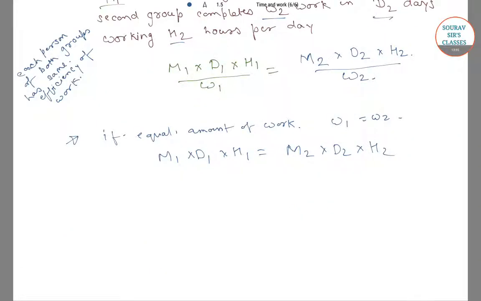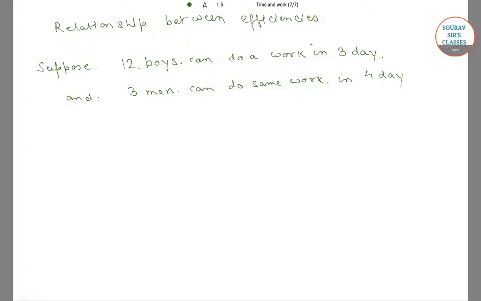Next is the relationship between efficiencies. Now suppose 12 boys can do a work in 3 days and 3 men can complete the same work in 4 days. Hence, it means that we need 12 into 3, that is 36 boy days, and 3 into 4, that is 12 man days to finish the work.